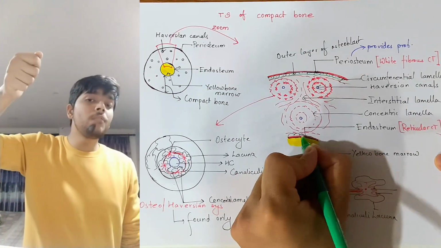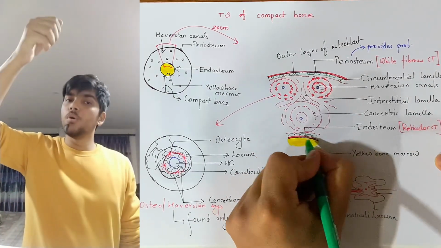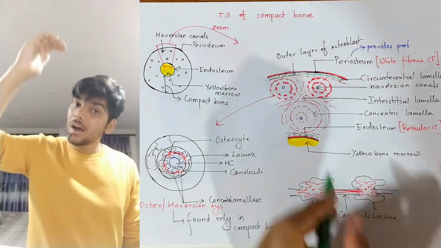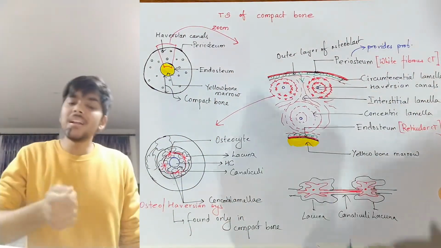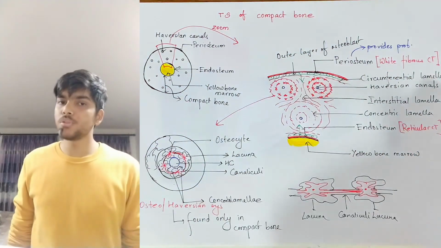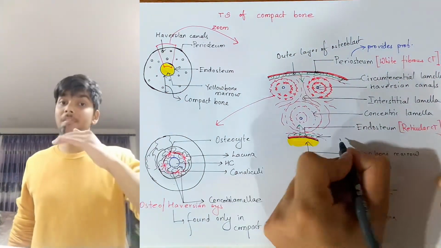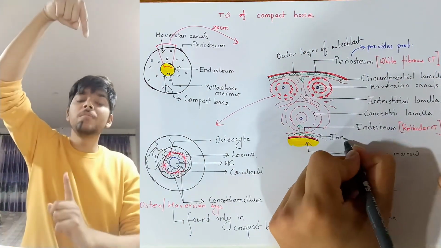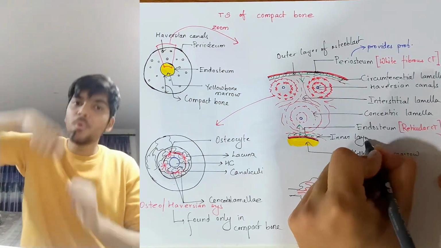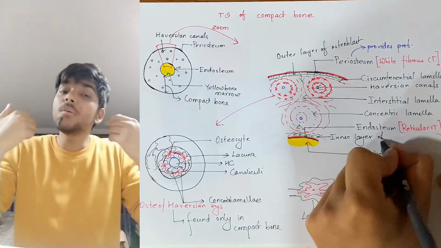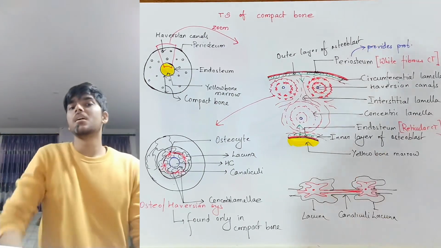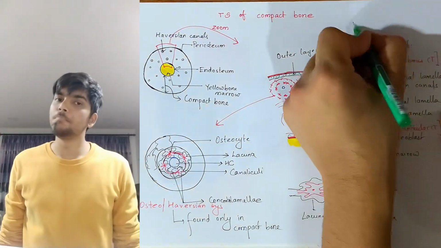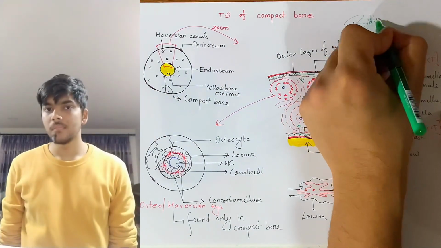So the outer layer of osteoblast cells forms osteocytes from the upper surface, and the inner layer of osteoblast also forms osteocyte from the lower surface. That is, osteocytes are being formed from both directions of the bone. That means the growth of the bone takes place from both directions. That means growth in bone is bidirectional.